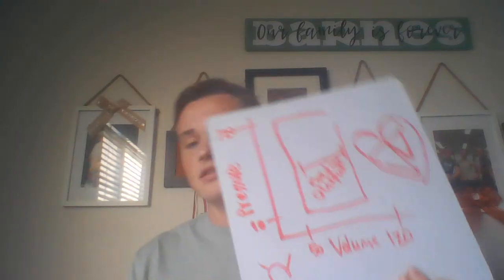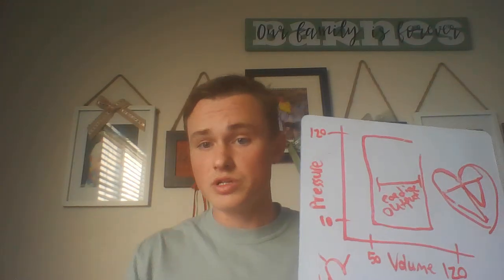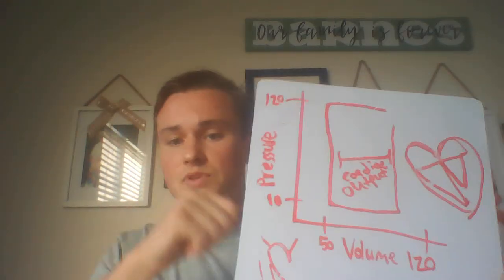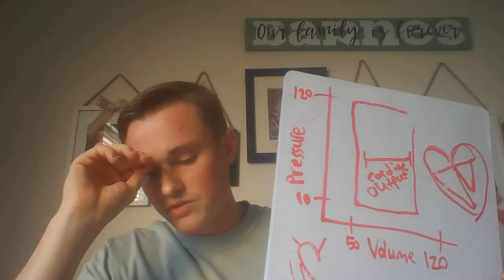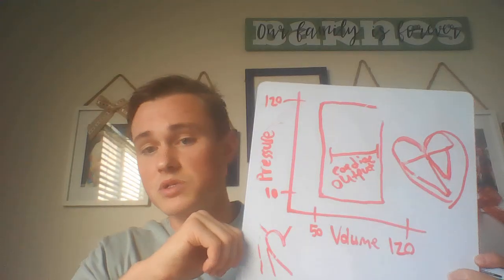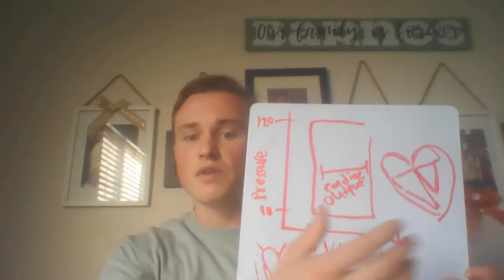Obviously there can be some things done. There are heart transplants, there are heart surgeries to try and maybe shave some of that off. There are a number of things that surgeons try to do to lessen this. And of course, the best thing to do is just live a lifestyle that prevents chronic high blood pressure.